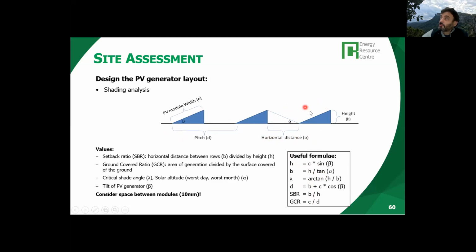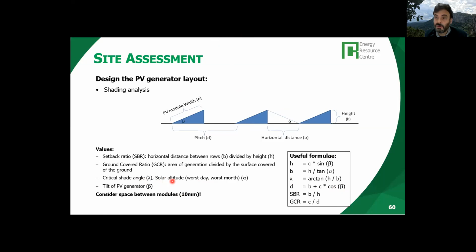Imagine this is different rows of PV panels. We have a height of the PV panel, the beta angle is the tilt. The alpha will be the solar elevation. The sun rays will be hitting our panels. And then we call this lambda the critical shade angle, equaling the solar altitude in the worst day, the worst month.